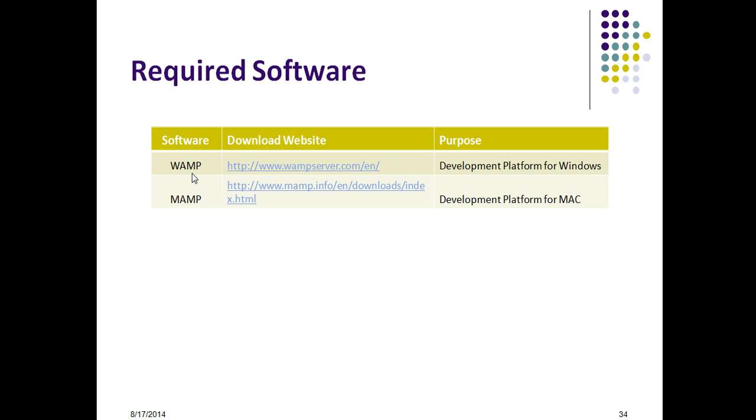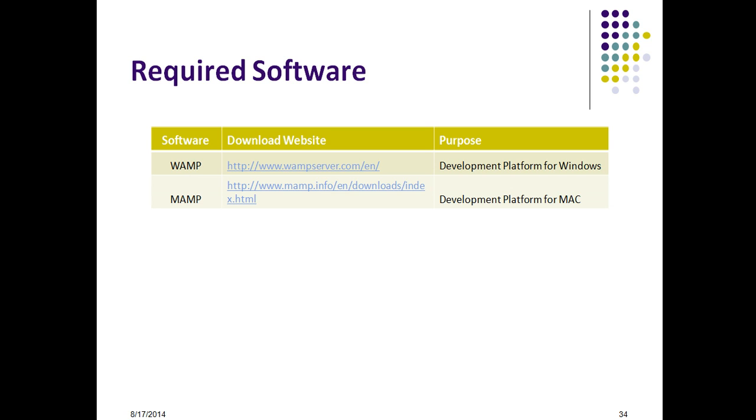If you're a Mac user, then you're going to be using MAMP. Okay? And it's the Mac version of this development platform. In this YouTube tutorial, we're going to walk through the setup of WAMP, but the setup of MAMP is very similar to the setup of WAMP.